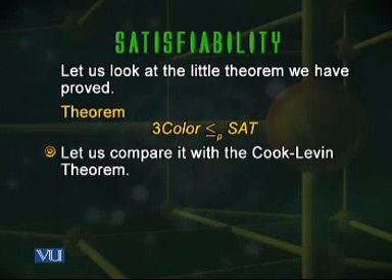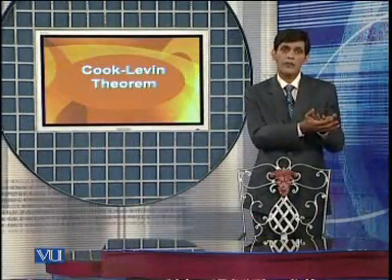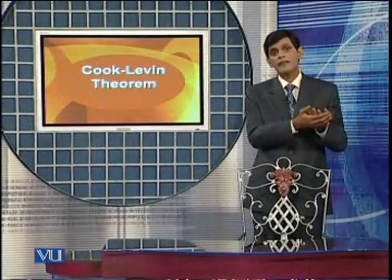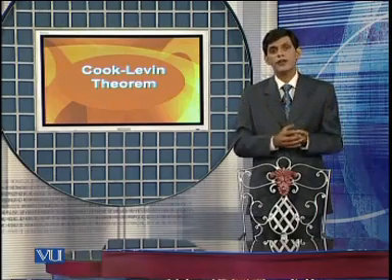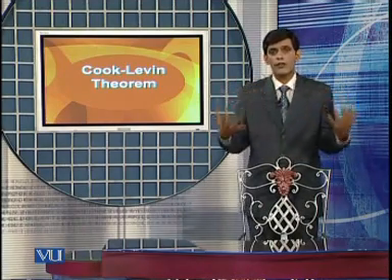Now let us compare this theorem with the Cook-Levin theorem. The Cook-Levin theorem says every language A in NP is reducible to satisfiability. Three-color is one language in NP, and we showed that it was reducible to SAT. But the Cook-Levin theorem says much, much more than that.